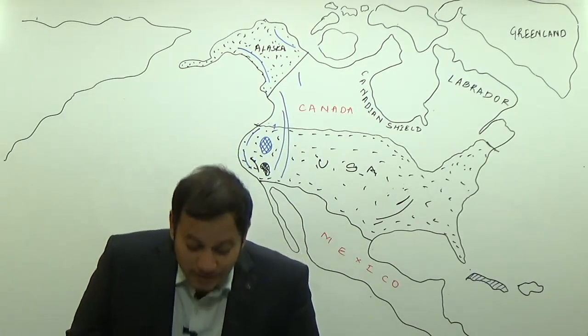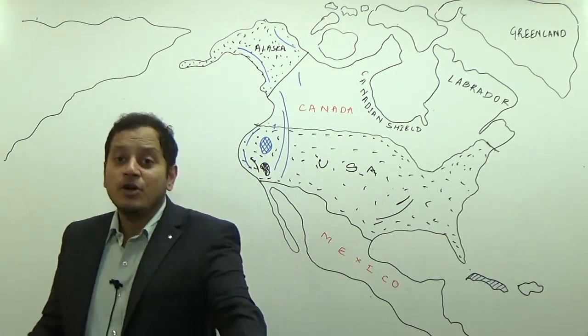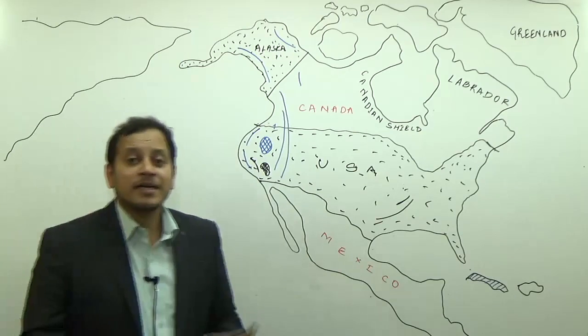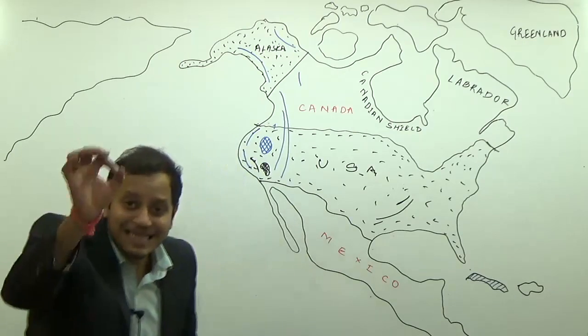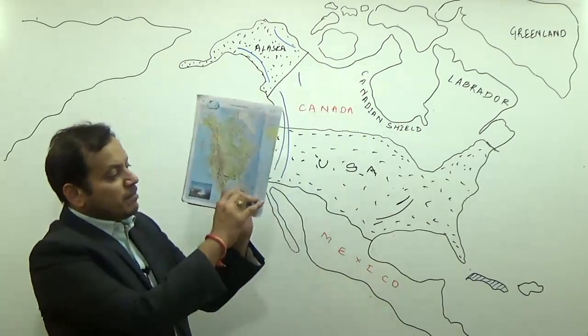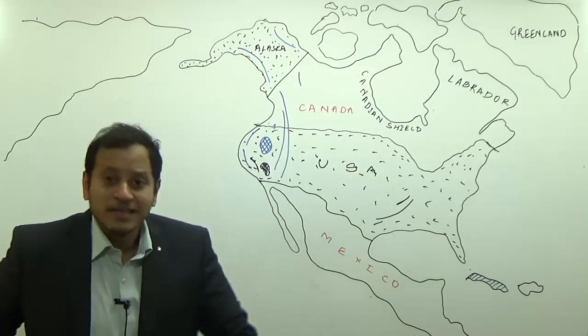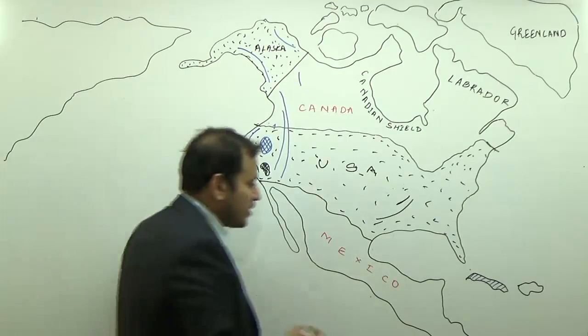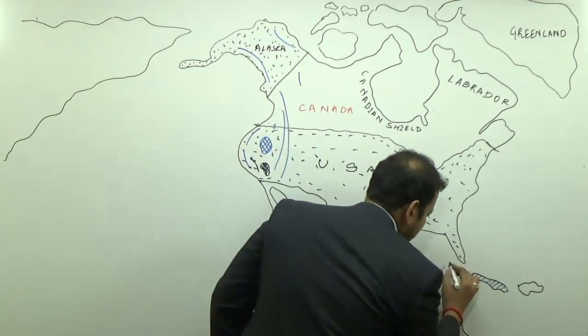So the first question which I want to ask you, and you mark it, is which state separates Cuba from USA? See it in your atlas. What separates Cuba from USA? The state of Florida. The state of Florida separates Cuba from USA.